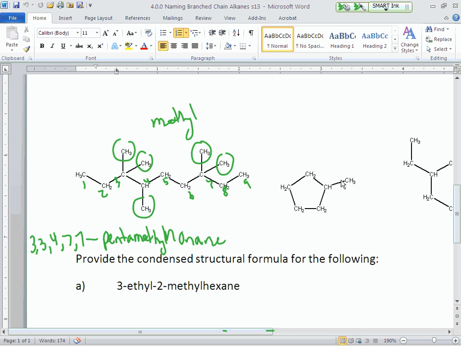We don't include the external branches as the main name, just the chain. 1, 2, 3, 4, 5. That makes this a cyclopentane. Very nice. I got a branch. If I had 2 branches, I would need numbers. But there's only one branch.